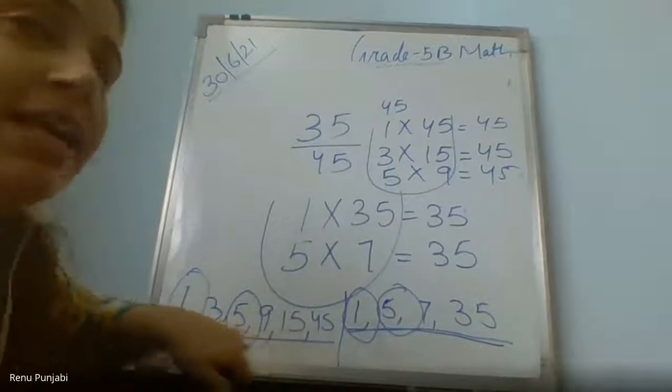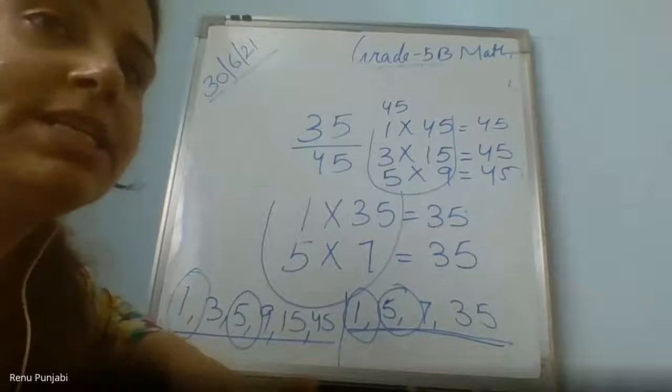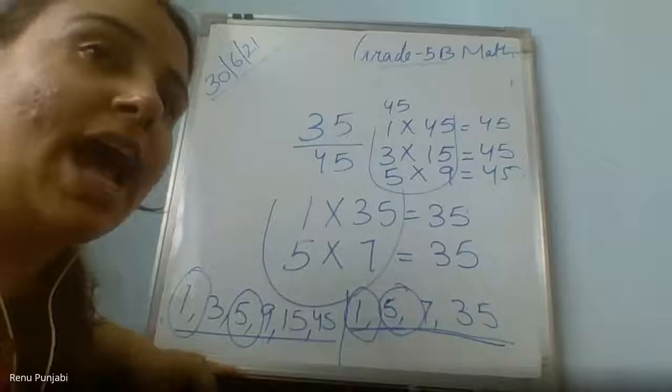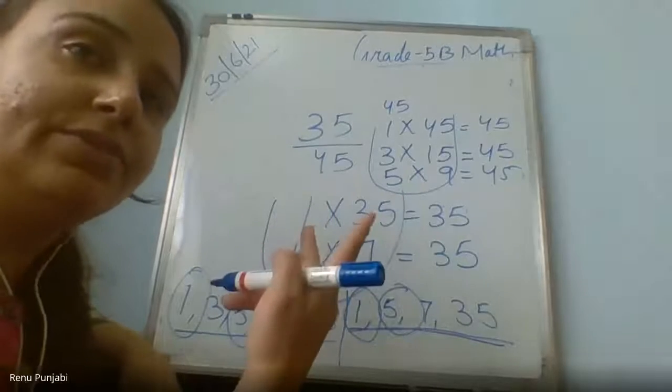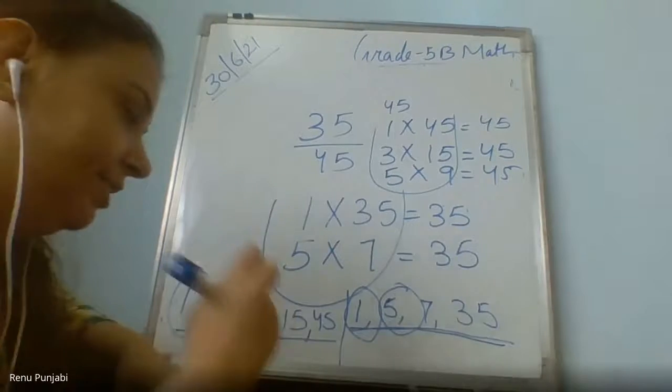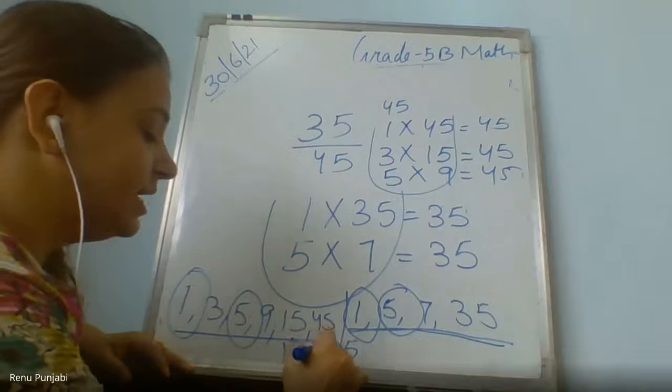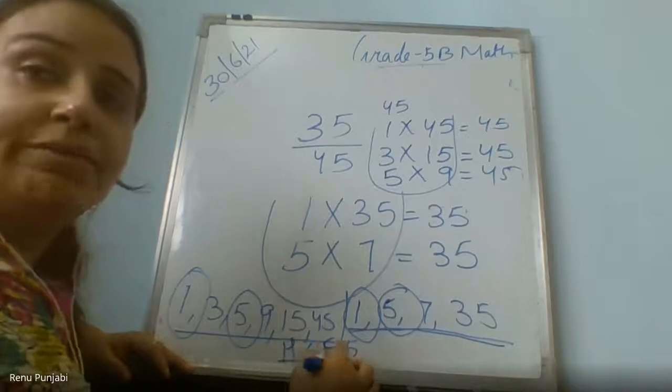No, ma'am. Now out of the common factors 1 and 5, which is the highest common? 1 or the 5? Ma'am, 5. So 5 is the highest common factor. That is called HCF, highest common factor.